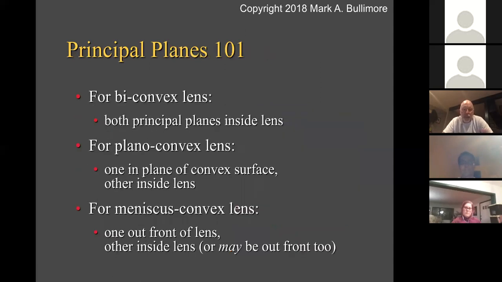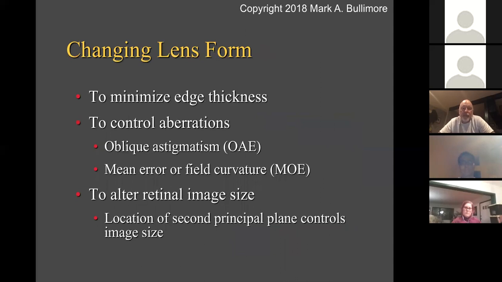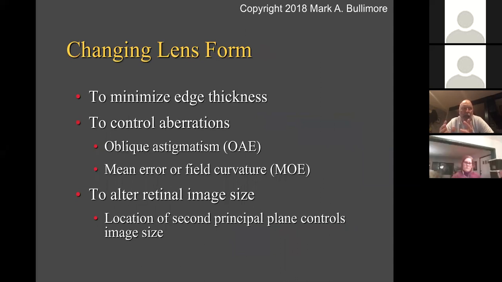And that's what I said there, and it'll be on the handout. We just played around with lens form there to see what happens to the principal planes. There are 3 reasons that a lens designer or a vision scientist might change the form of a lens, say from biconvex to meniscus, or change the base curve.